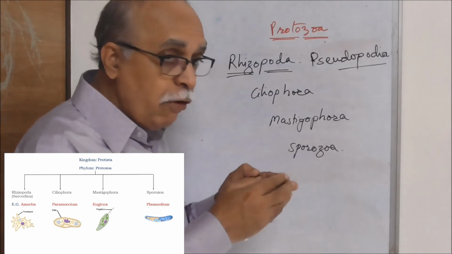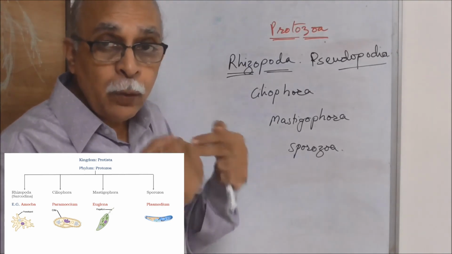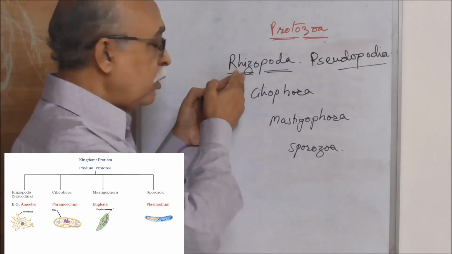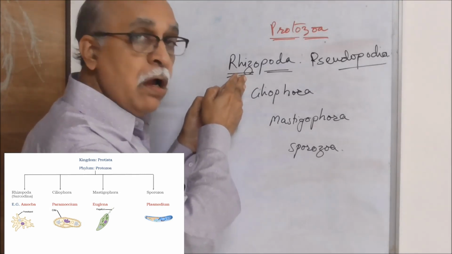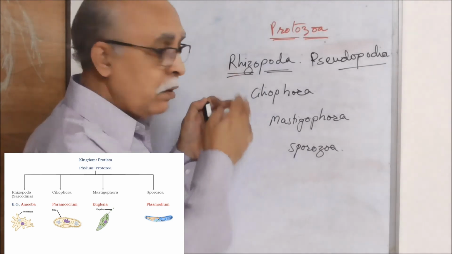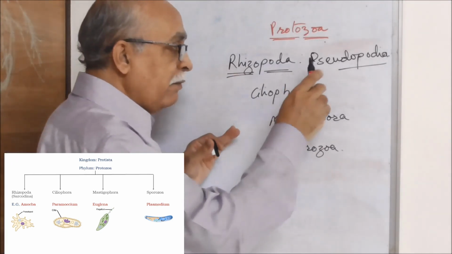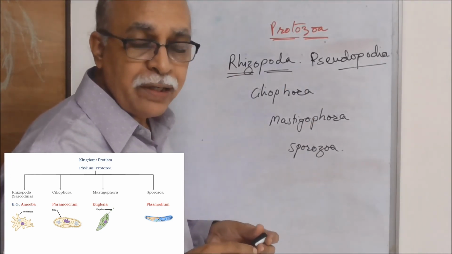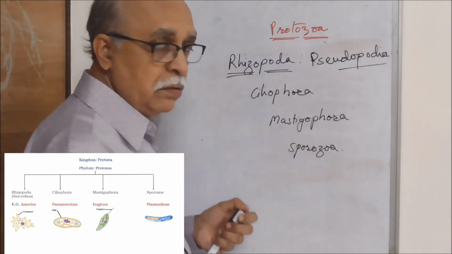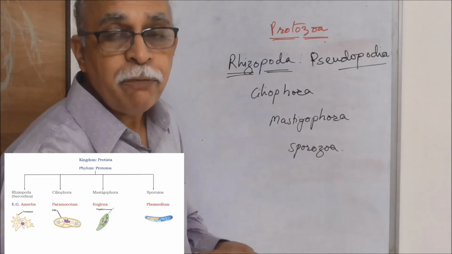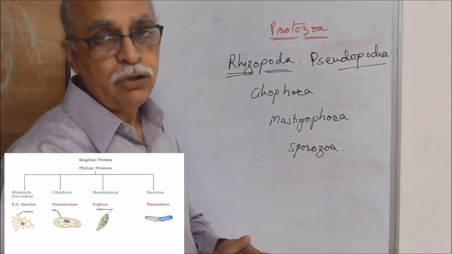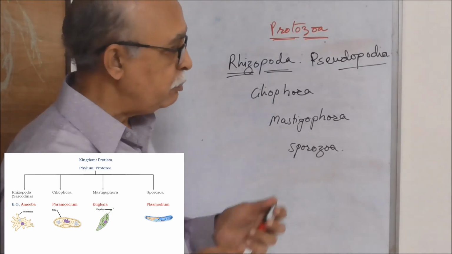So intake of substances along with water, which is comparable to absorption by roots, rhizos, hence the name Rhizopoda. Pseudopodia, when I say, it has to extend its body to form the structures, so pellicle would be absent. The shape of the cell is not fixed, not defined, variable shape.